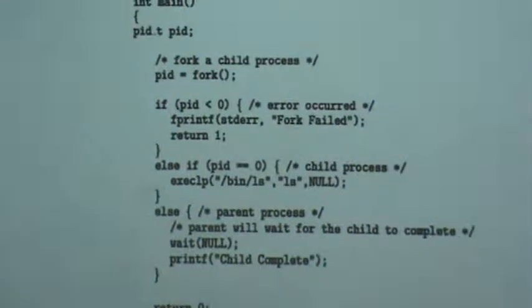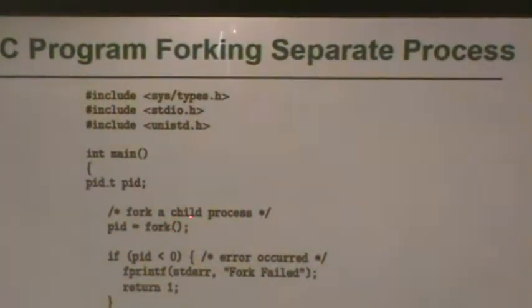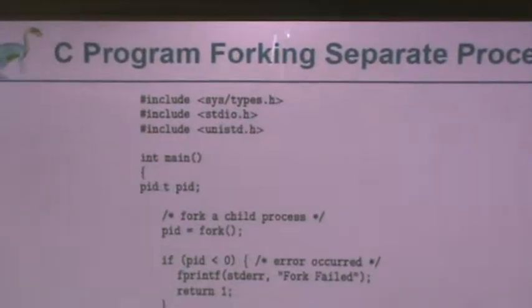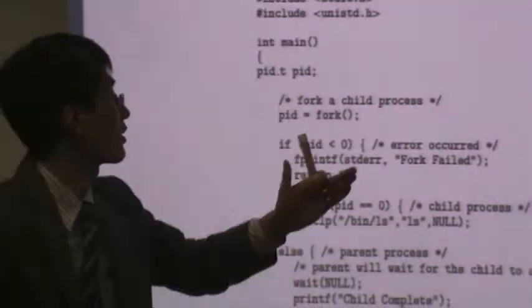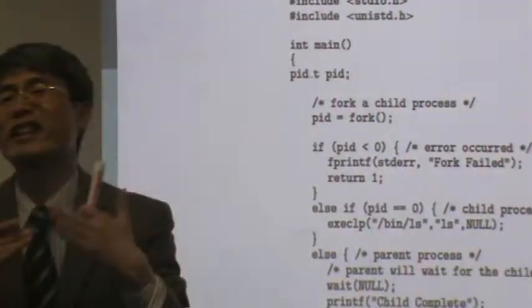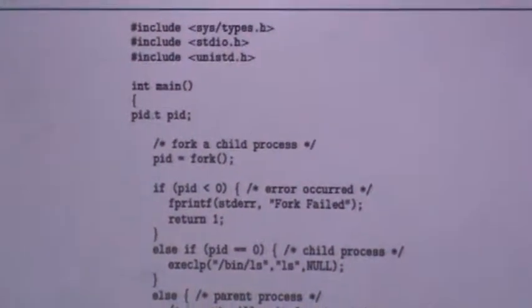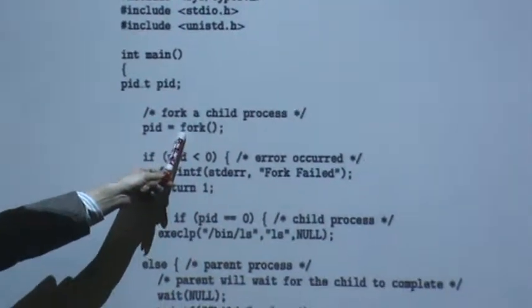This is an example of C programming. Okay, you can see several system calls. Depending on the branch of the Unix system, they may have different names, but mostly you can easily understand the semantics of those system calls. This is the fork. Okay. The output is the return code of the fork.